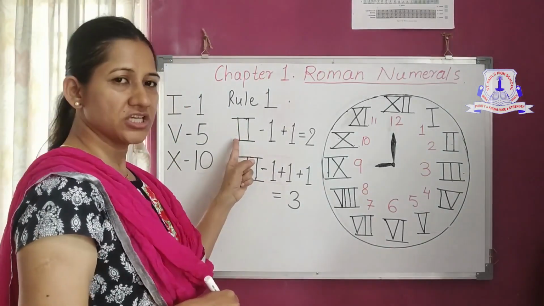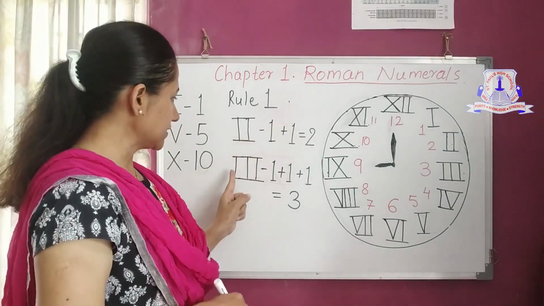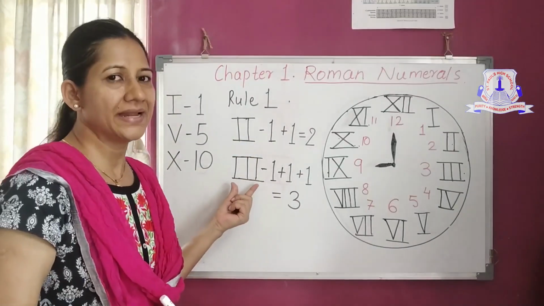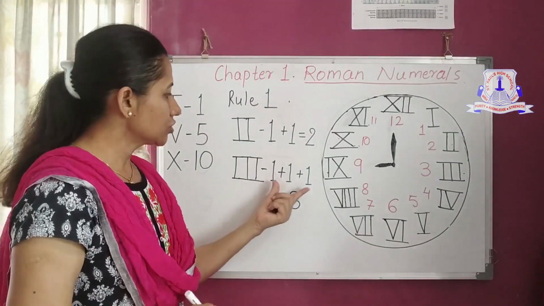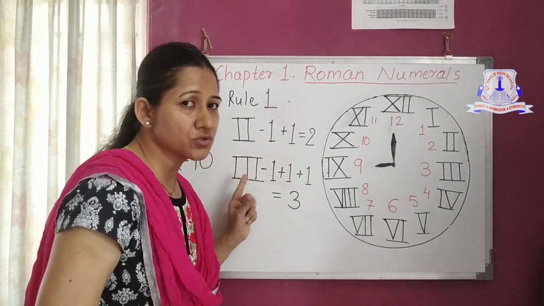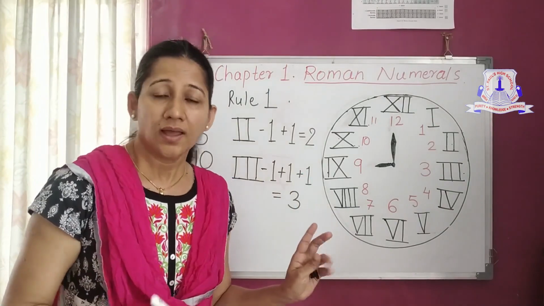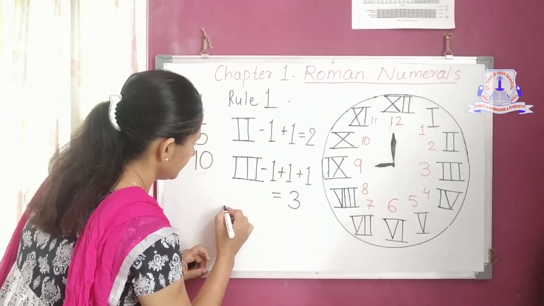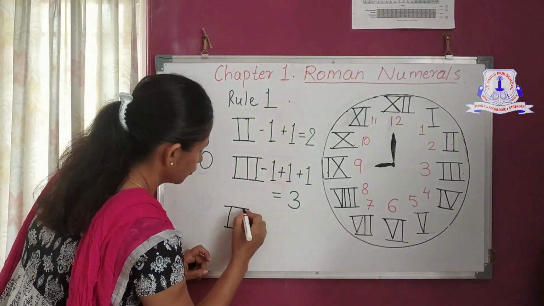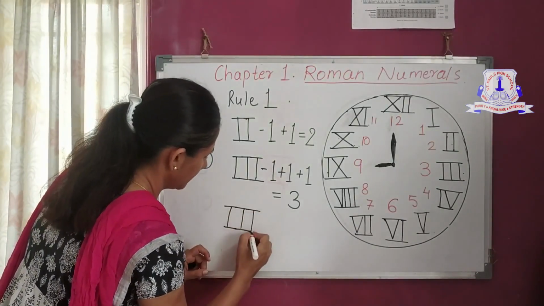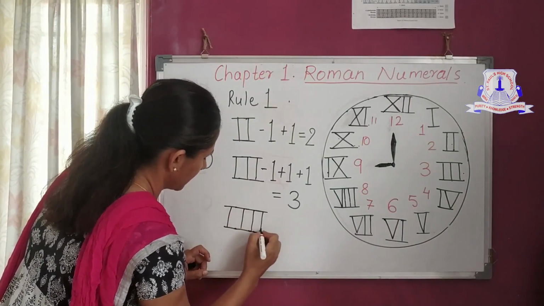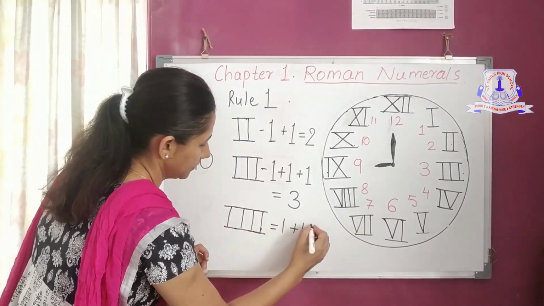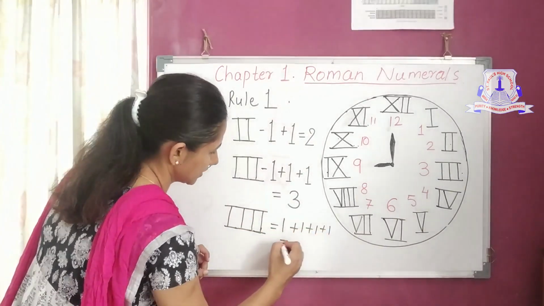It is consecutive 2 times, and it is consecutively repeated 3 times over here, for the letter I I am talking about. So in these 2 cases only it will hold good. But if I say 4 times, 1, 2, 3, 4, then 1 plus 1 plus 1 plus 1 is equal to 4.